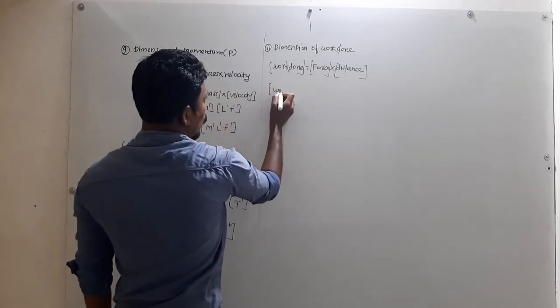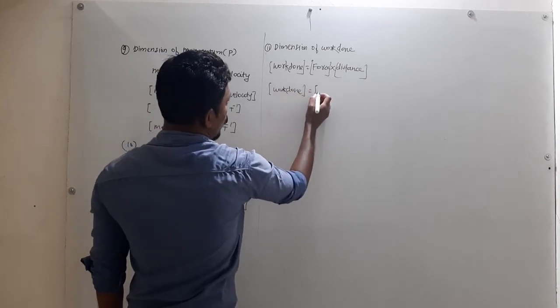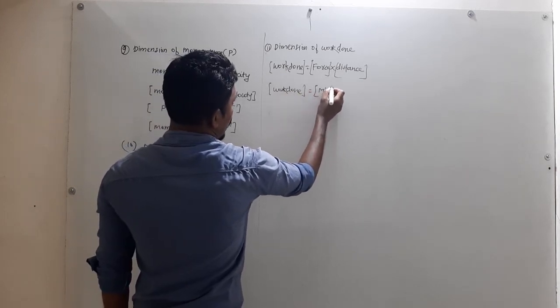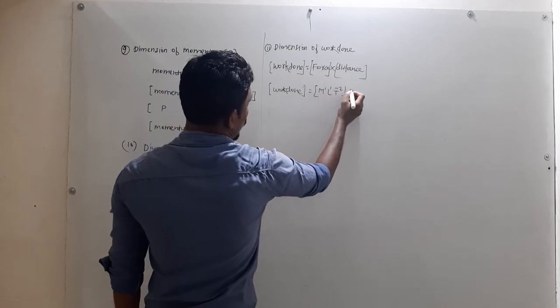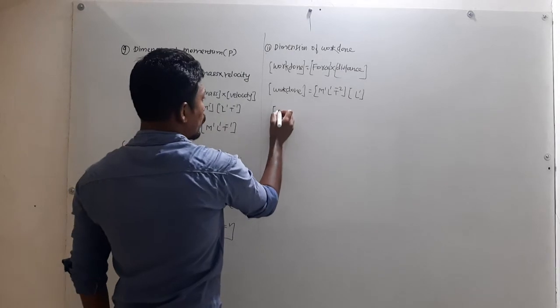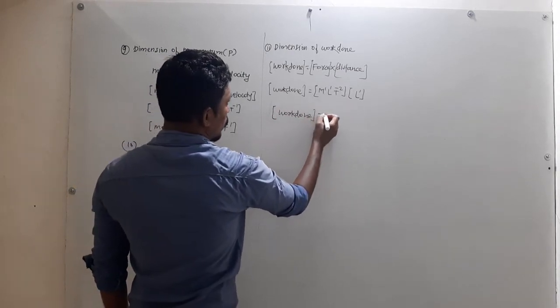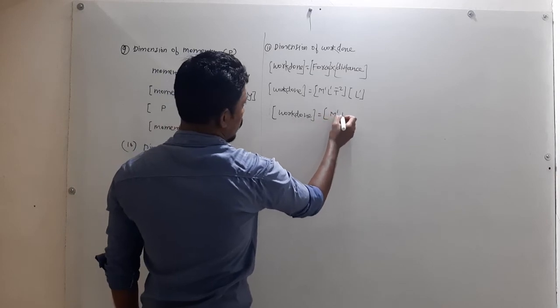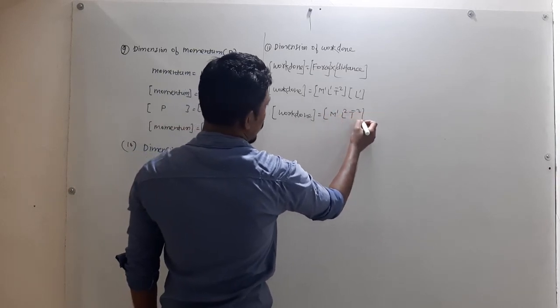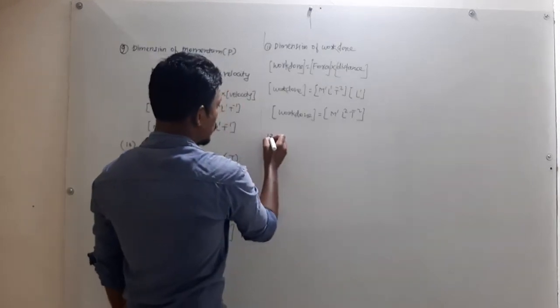Dimension of force is M raised to 1, L raised to 1, T raised to minus 2, into dimension of distance, L raised to 1. This dimension of work done is equal to M raised to 1, L raised to 2, T raised to minus 2. This is the dimension of work done.